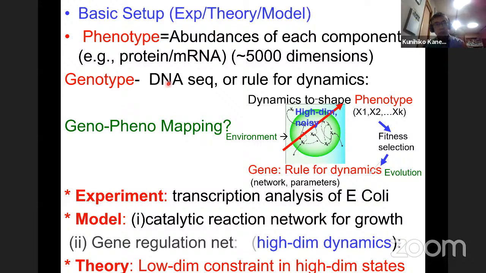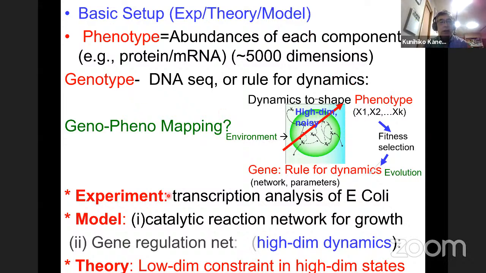And the genotype is a rule to determine this gene expression dynamics or chemical reaction dynamics, governed by the DNA sequence. So that gives a rule for dynamics. The genotype changes through evolution, and according to phenotype changes there is some kind of selection. That's the basic standpoint.